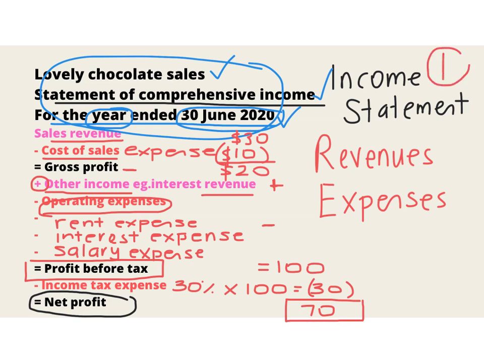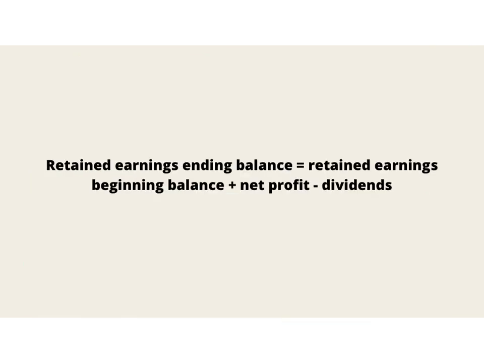The income statement is the first statement that you calculate, and once you know the net profit, you can then calculate your retained earnings ending balance. Earnings is another word for profit. Retained means kept. So this is calculating all the profits that have been kept in the business.